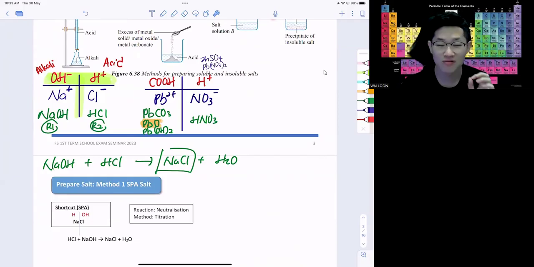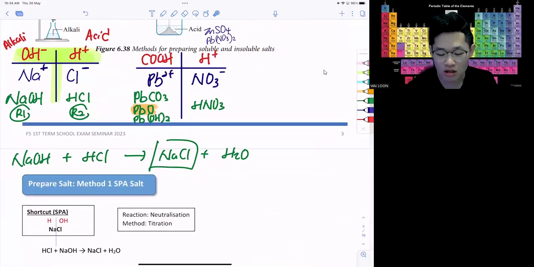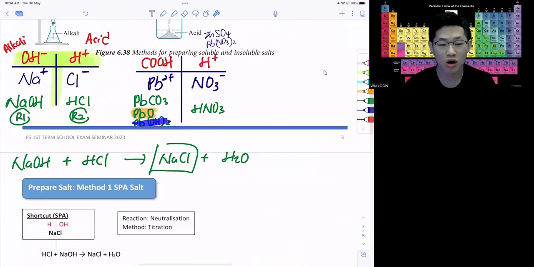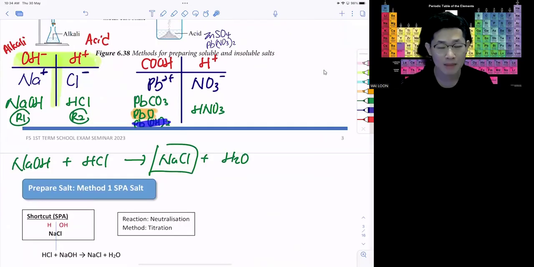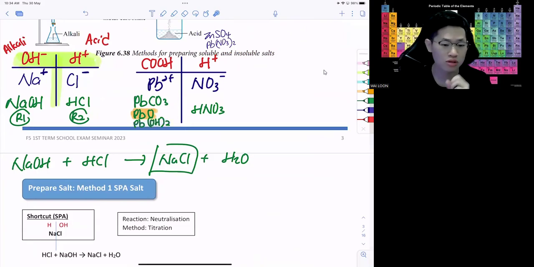This is actually very bad because the people who set the question, they know. They knew you're going to do that. So they are not going to let you use the OH minus. That means the option, right? They are not going to give you the OH. So when you don't see the OH, you start to panic. Oh my God, why is there no OH?